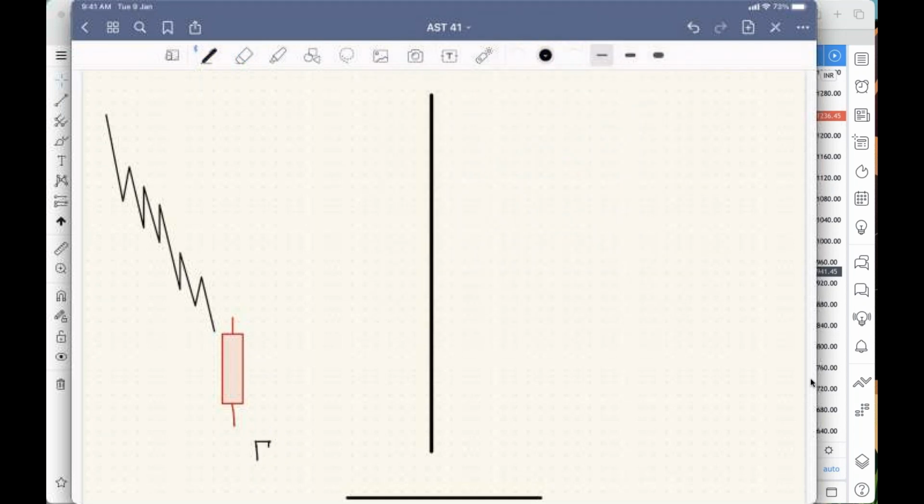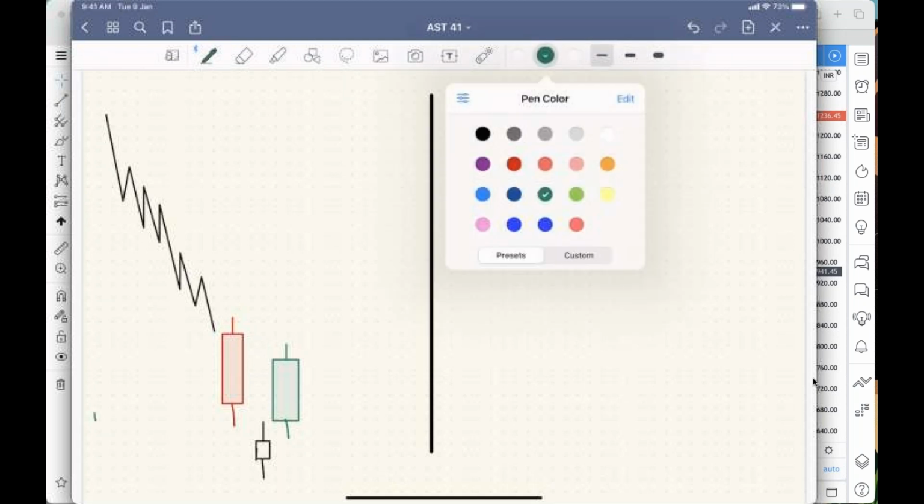So it's a small bodied candlestick. It can be green or red, it does not matter. And day 3 is a positive candlestick, which denotes a bounce back. This is a 3 candlestick pattern called the morning star.